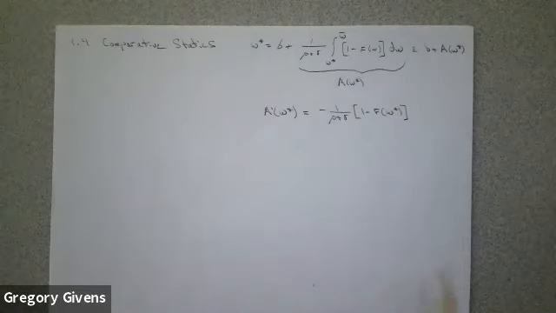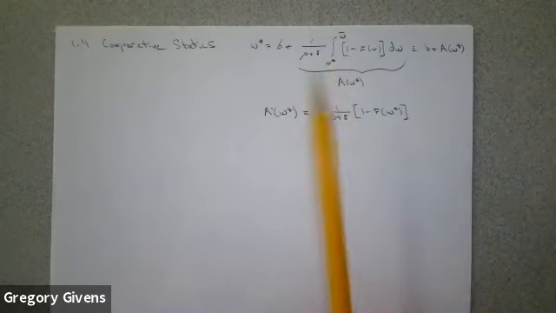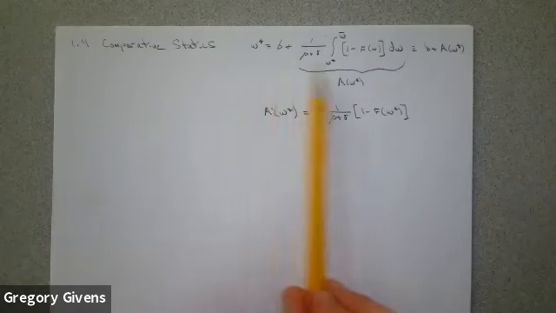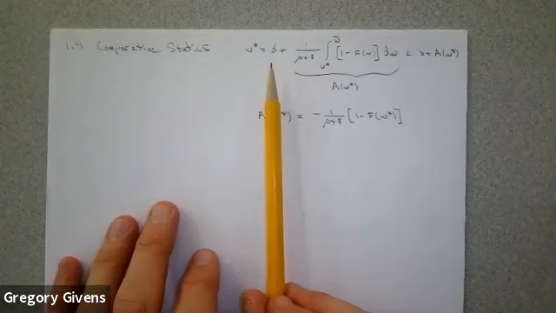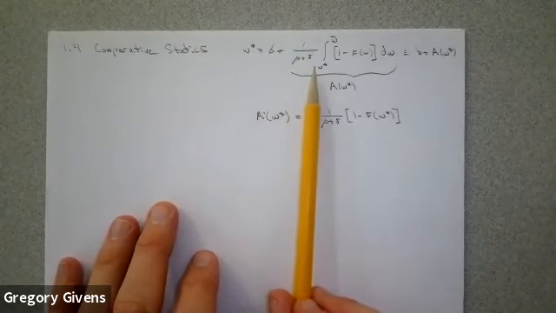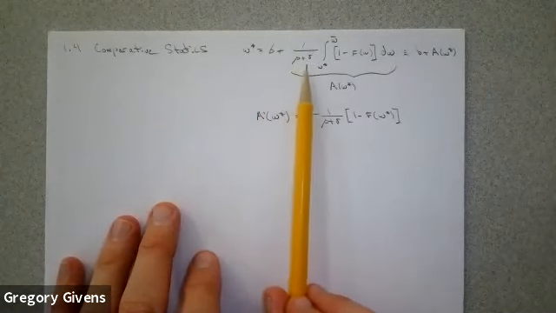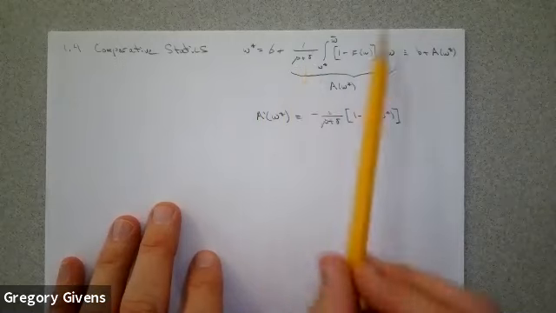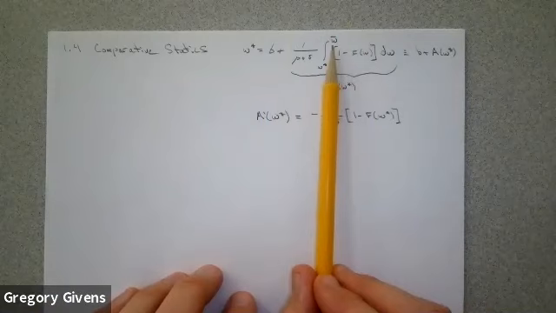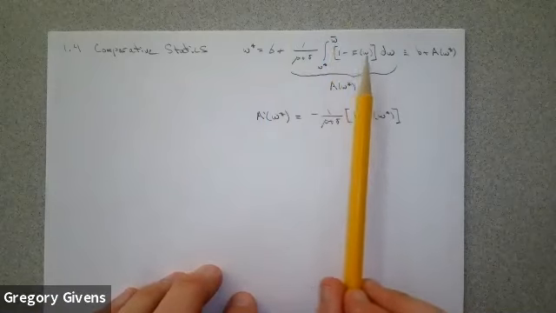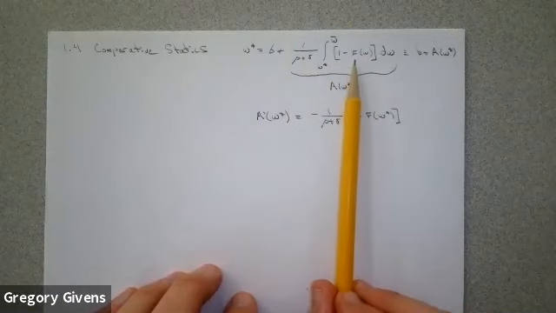And hopefully you guys remember that we derived an equation given by the following. W star is equal to B, the unemployment benefit, plus 1 over rho plus delta, that's the discount rate plus the separation rate, times the integral from the reservation wage, W star, to the highest possible wage, W bar, of 1 minus F of W, where F is the cumulative distribution function for the wage draws.